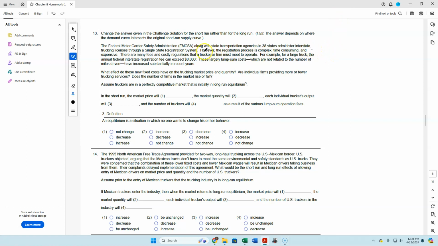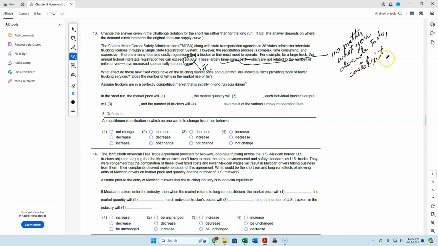is that here we've got a large truck that's going to have a fixed cost of $8,000, but these are lump sum, meaning that no matter what you decide to do, essentially we could just say the cost exists.